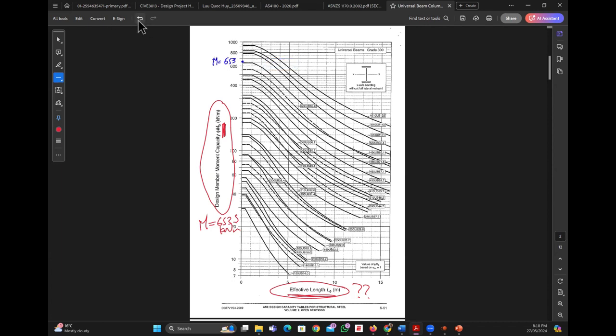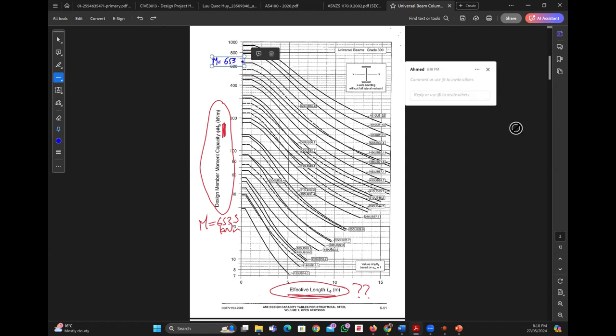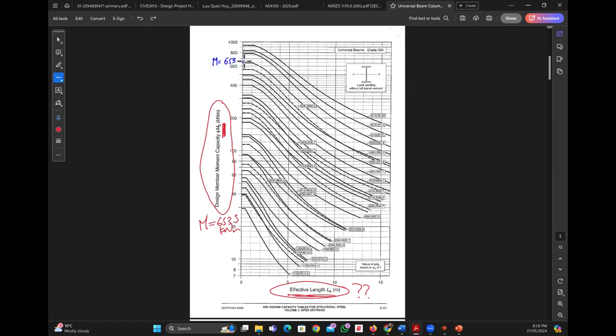Sorry, I'm trying to draw a line. Okay, I will draw it by hand. Sorry, guys. So this is our line. What is our L effective equal to? This is 5 meter, so each tick of this is 1. So we'll go up from 1.1 meter here.